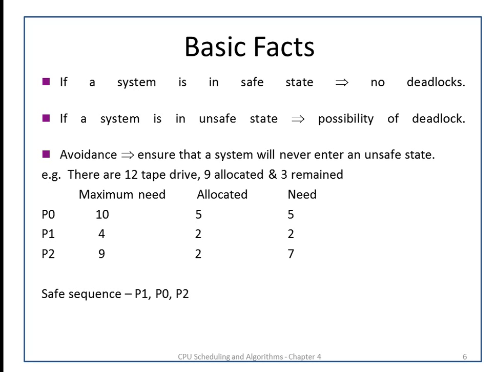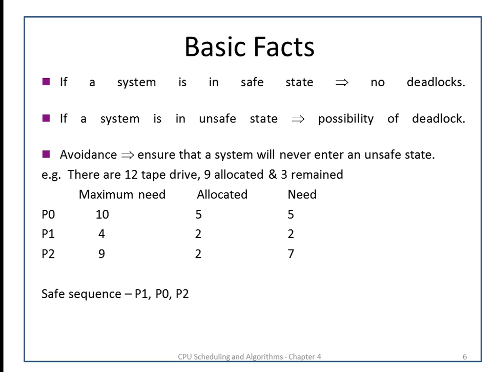According to the maximum need and the allocated tape drives, we can find the remaining need of tape drives for those processes. The need of P0 is 5, P1 is 2 and P2 is 7. In the system 3 tape drives remain, so the need of process P1 can be satisfied.